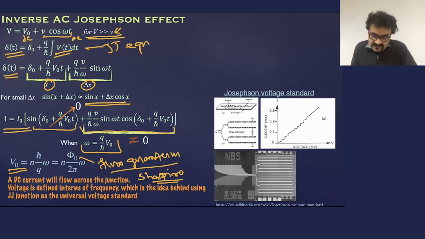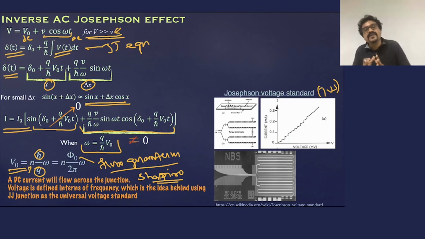What this says is you can define the voltage very, very accurately if you define the omega. So this phenomenon can be utilized for making a universal voltage standard, and that is what is being done to standardize the voltage. It's called the Josephson voltage standard, or in short JVS. The assumption here is this is a fundamental constant, this is a fundamental constant, and n is also a constant.